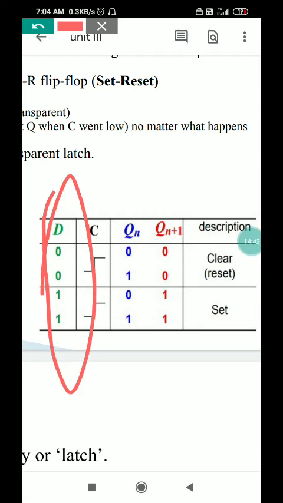So this is how it works. So if Qn is 0 for D 0, then Qn plus 1 will be 0. If Qn is 1 for D 0, Qn plus 1 will also be 0. If D is 1 and Qn is 0, then Qn plus 1 will be 1. If D is 1 and Qn is 1, Qn plus 1 will be 1. So this is how your D type of flip-flop works.